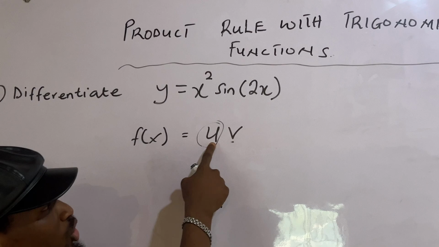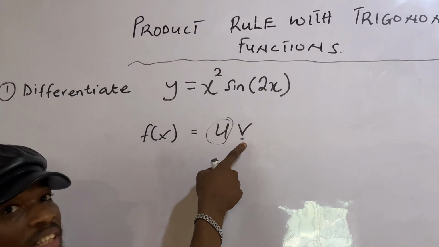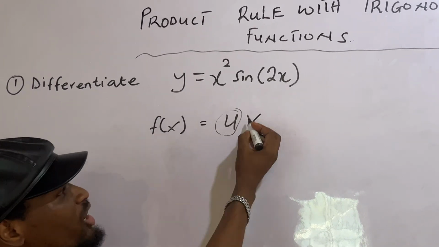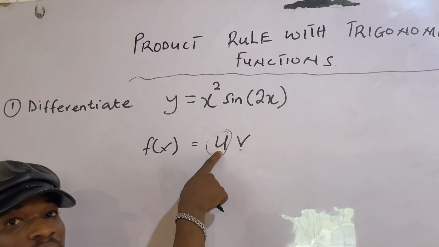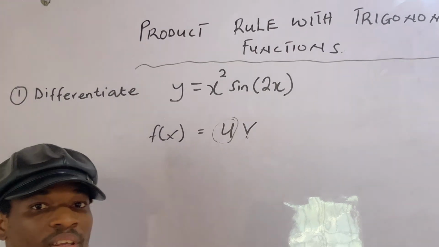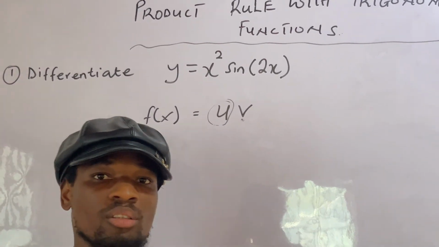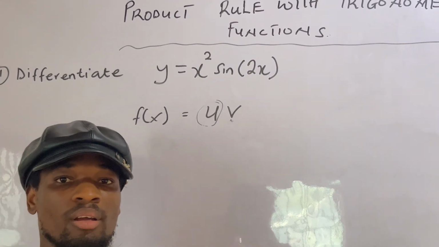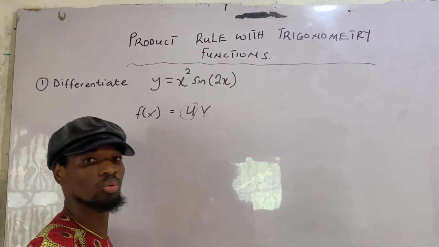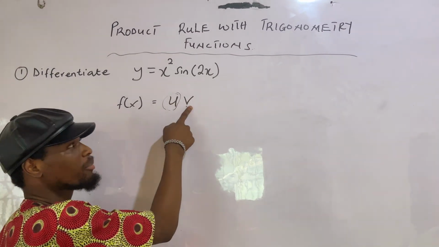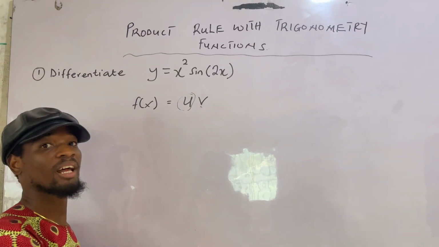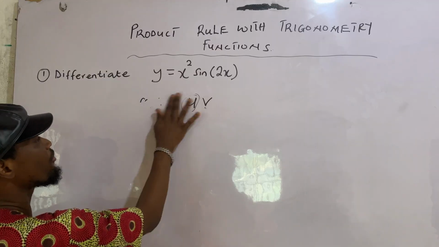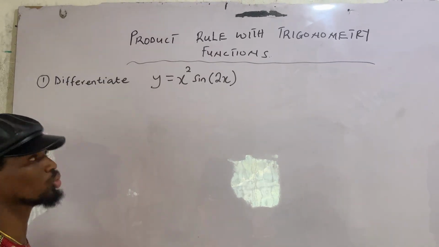Afterwards, you differentiate the second function, then you keep the first function the same, as a constant. That is simply the product rule. You differentiate this, then you keep this. After that, you differentiate this, then you keep this. That is the whole idea of the product rule.